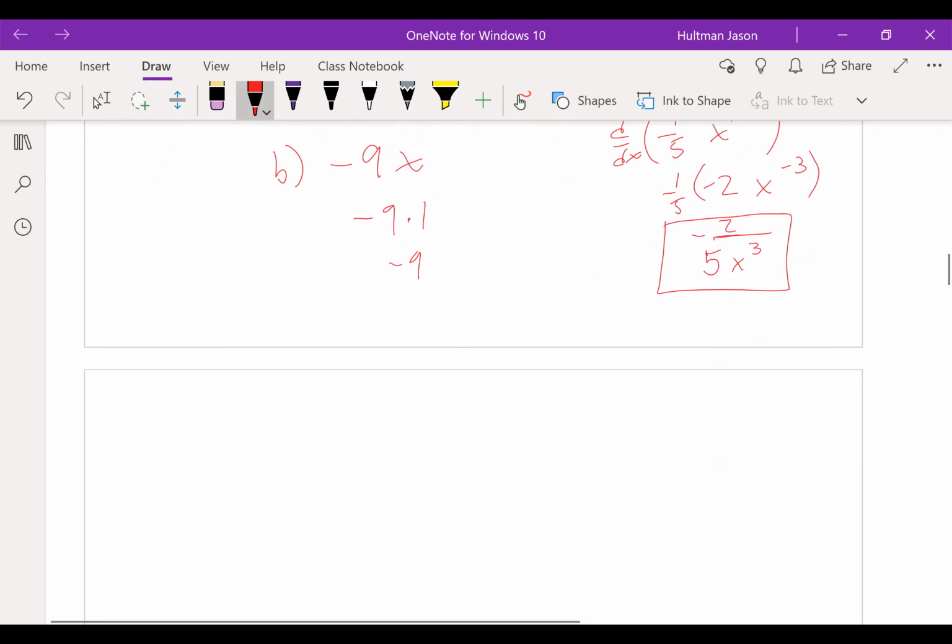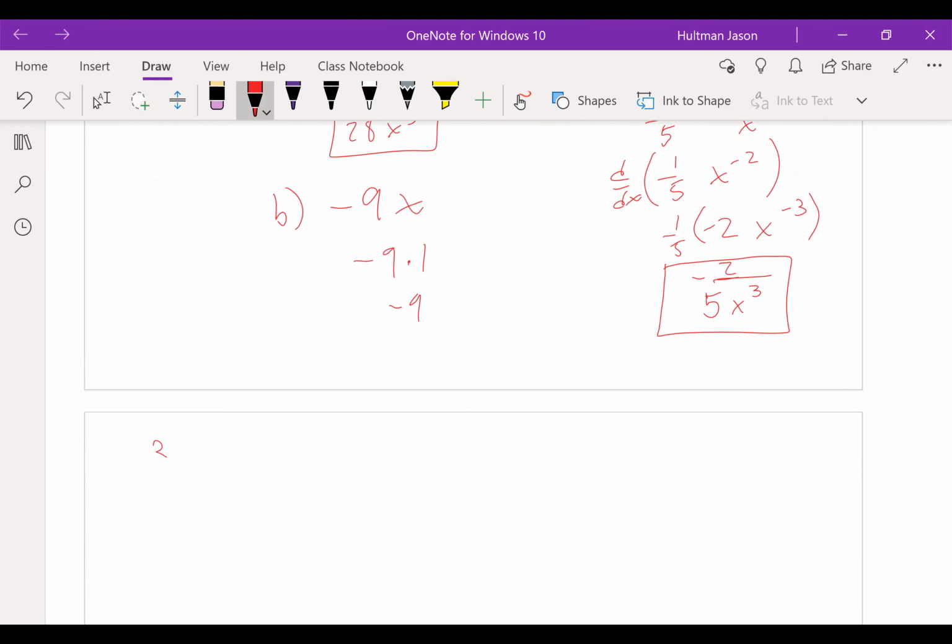So let's look at number 3 here. V of r equals 4/3 pi r cubed. This is the volume of a sphere.